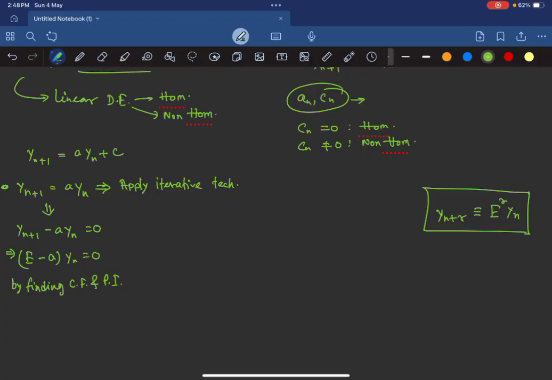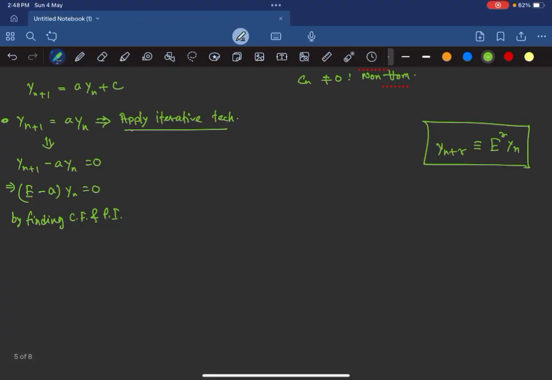So first let me give you the idea regarding the iterative method. What is this iterative method? For that, we have y_{n+1} = a y_n. First put n equals 0 and see what you get: y_1 = a y_0.